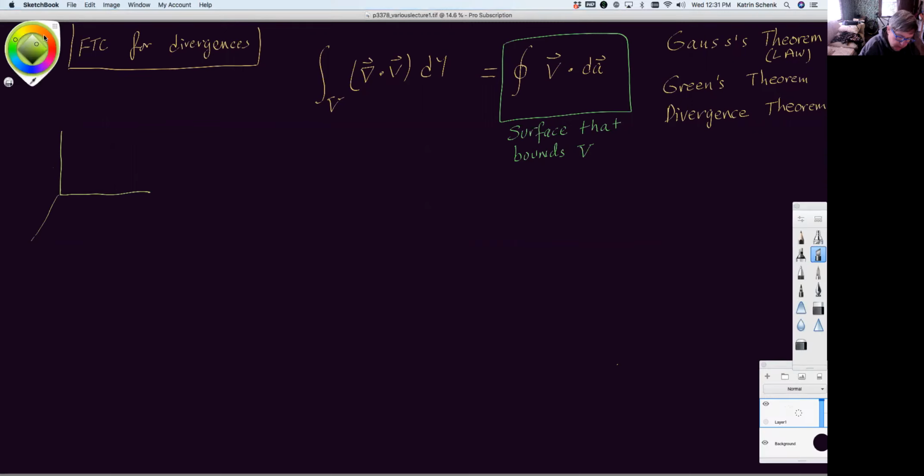Let's try to make our cube. Let's make it in this color. I'm terrible at drawing cubes. There we go. So we're going to come out here. There's one side, and then we have another side.